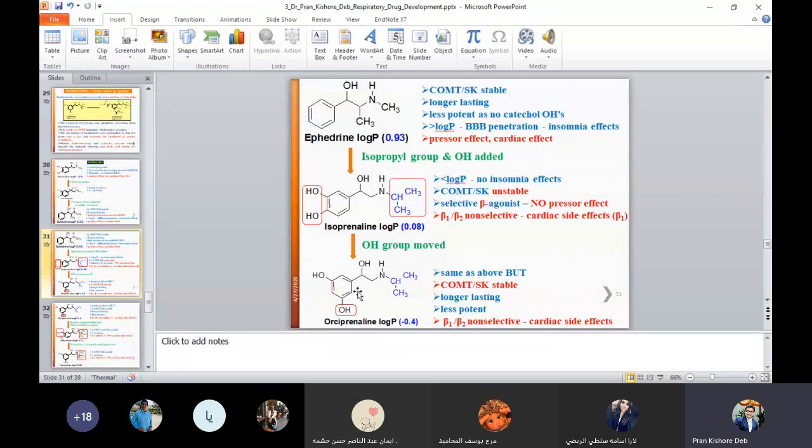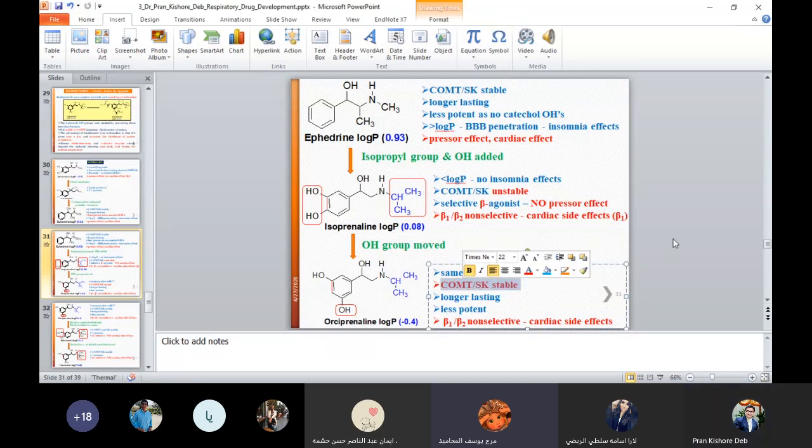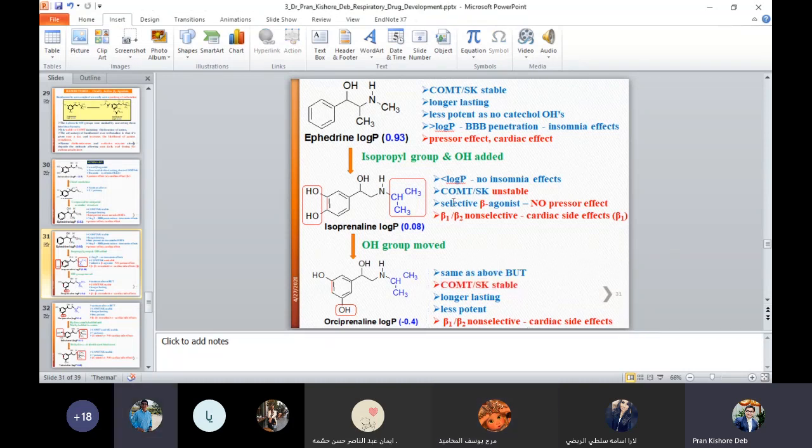Then came orciprenaline. What is the advantage of orciprenaline compared to isoprenaline? It's stable to MAO and COMT, which means longer lasting and orally available. Which one is more potent, isoprenaline or orciprenaline? Isoprenaline.